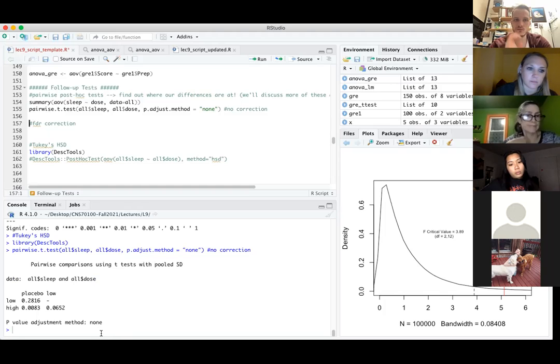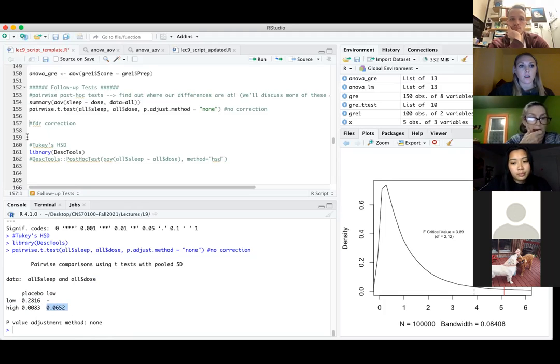Between high and placebo, exactly. So between high and placebo here, this one is a significant effect. Low and placebo is not, and high and low is almost, but not quite, right? But that was with no multiple correction.